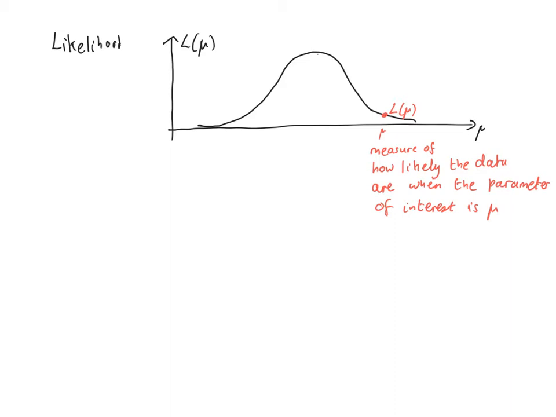So on this picture, the value that maximizes this likelihood is indicated there, and that value, of course, because it corresponds to a maximum, corresponds to a point on the function of 0 slope, and this is a sensible value to choose because under this value the observed data are most likely.